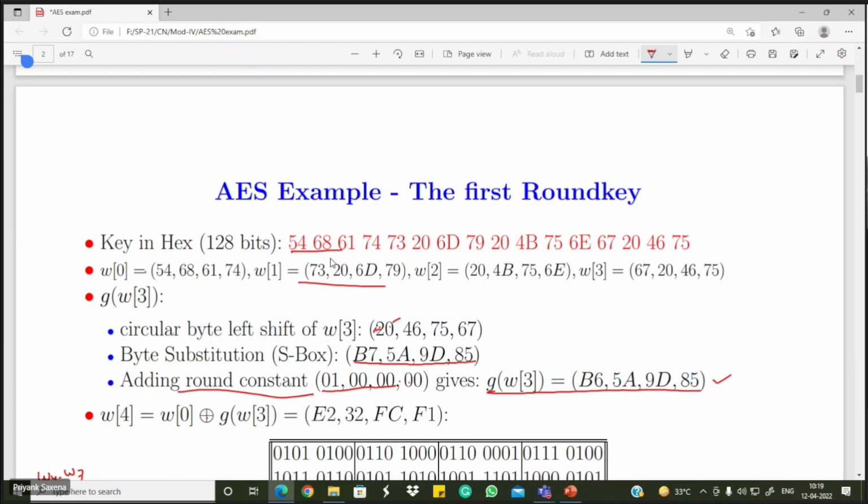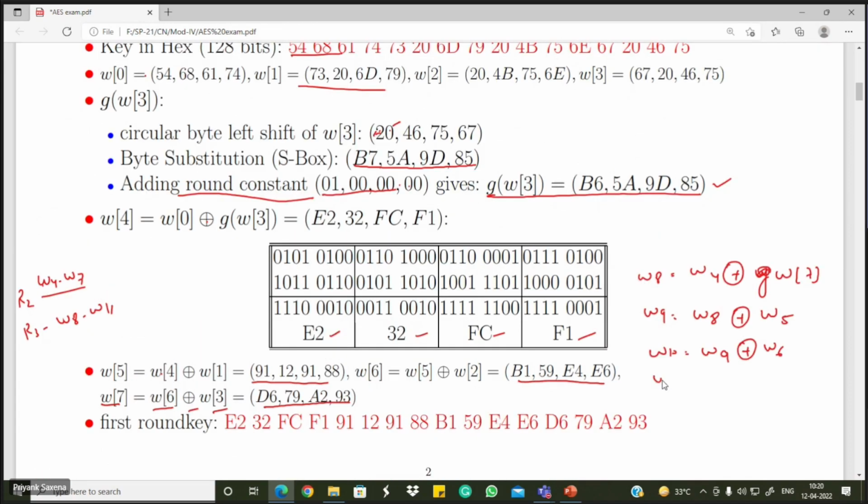Then W10 will be W9 XORed with W6. So like that you will get the key for round 3. So we will generate the key for each round based on this approach.